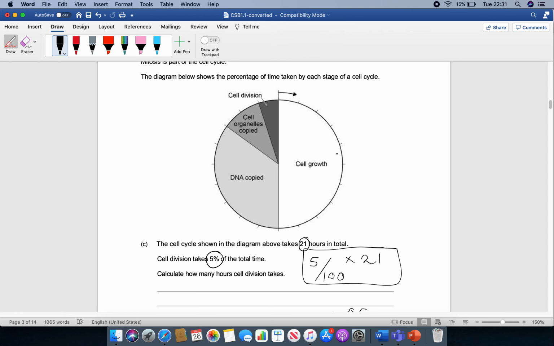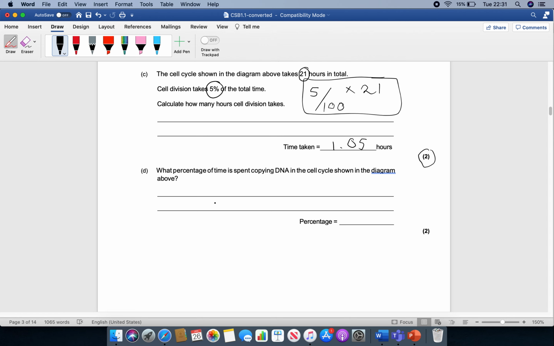So there's 1, 2, 3, 4, 5, 6, 7, and each takes 5% of the whole time. You can tell this is 5%, so your calculation would be 5 times 7, and that gives you 35. So your percentage would be 35%, and that would give you 2 marks.